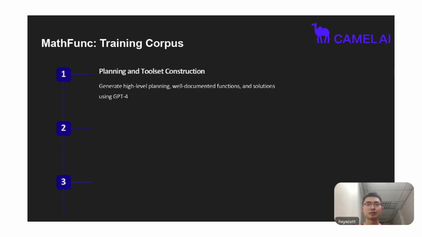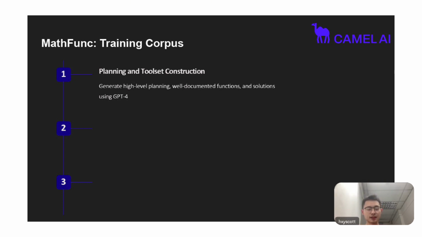When you're trying to answer a math problem from the math datasets, they take the problem and ask an LLM to come up with a function that is generic enough to solve this problem but also can be used to solve other problems. So it has to be a generic function. And then they generate solutions using LLM with something called a cross-retrieval strategy, which we're going to cover later.